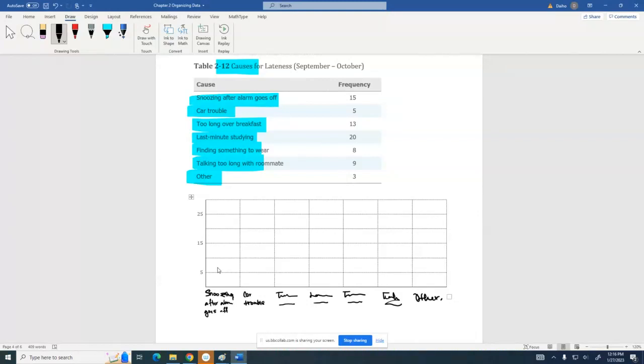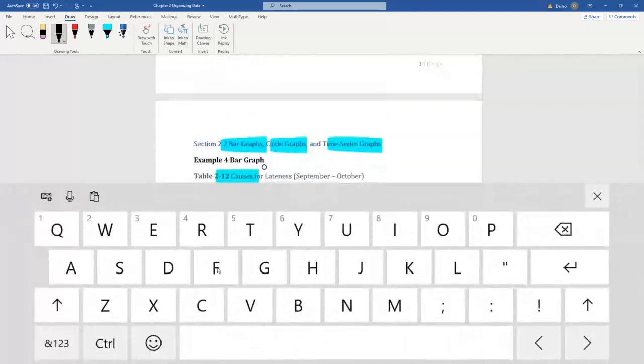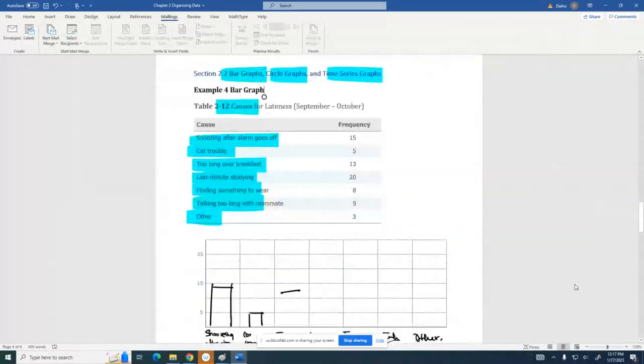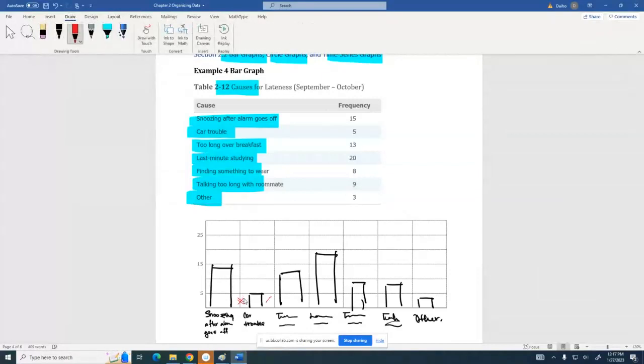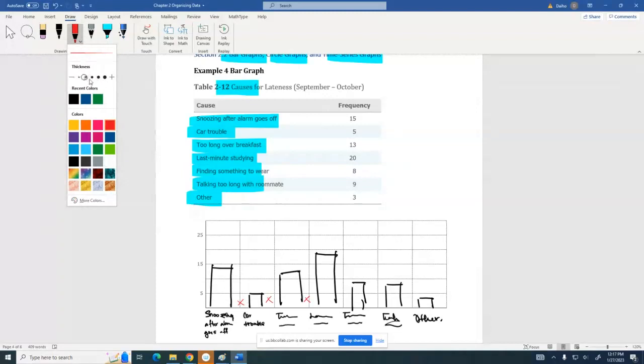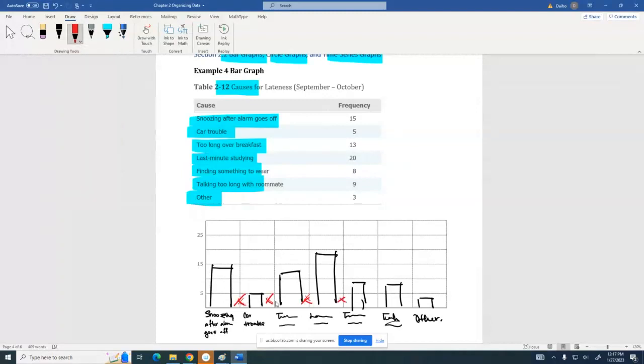And then we just put the bars, depending on the frequencies. The snoozing is 15, the car trouble 5, 13, and 20, the last minutes starting, and 8, 9, and 3. What I'm doing is putting some space between the bars.